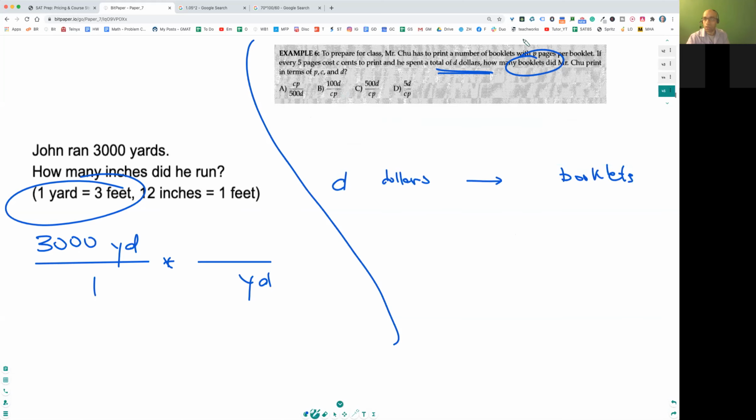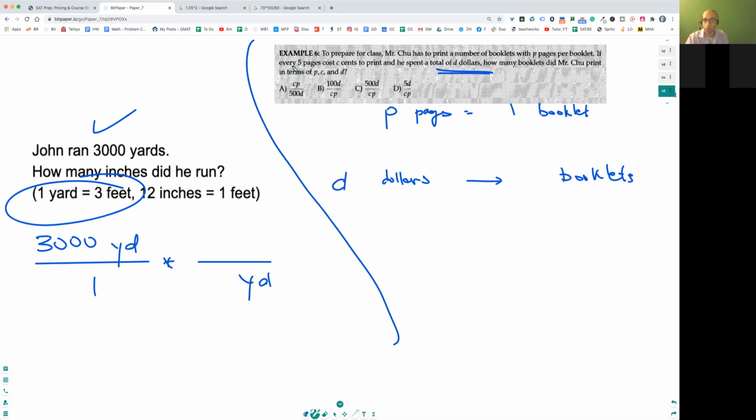So let me get rid of this real quick. Yes, people are answering the easier part, this question. Well done. Try it, the others. Meanwhile, I'm explaining this part. So you've got P pages per booklet, right? So P pages is equal to 1 booklet, right?